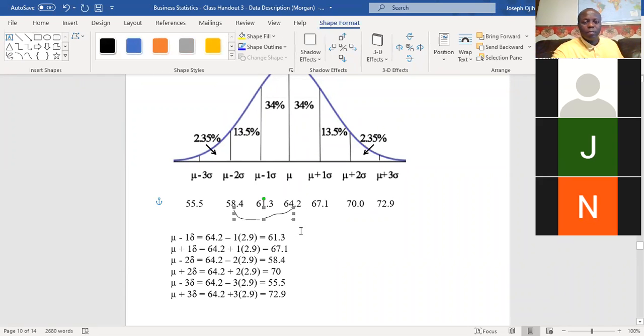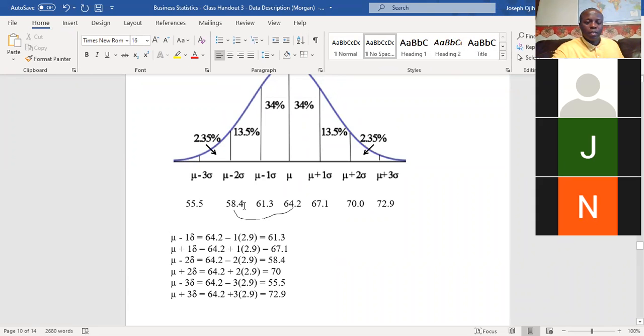Can you see that? Yes, so the percent we're looking for is from here to here.